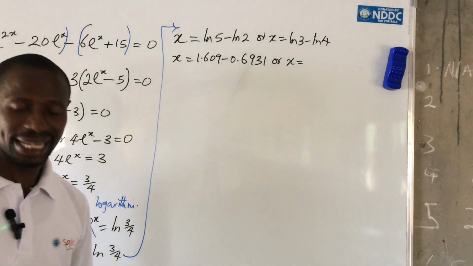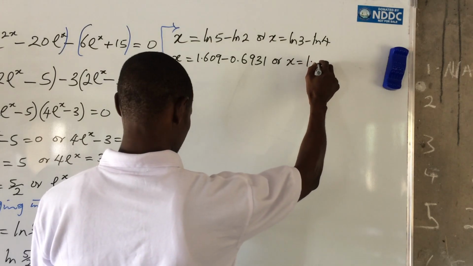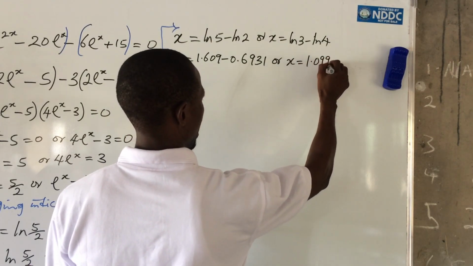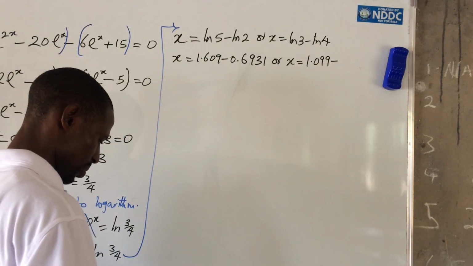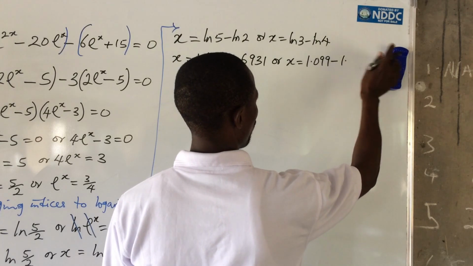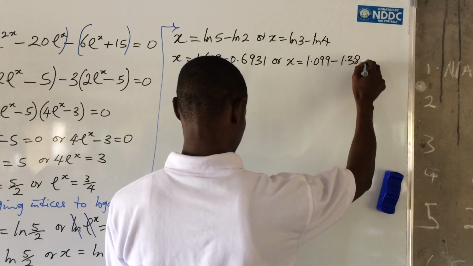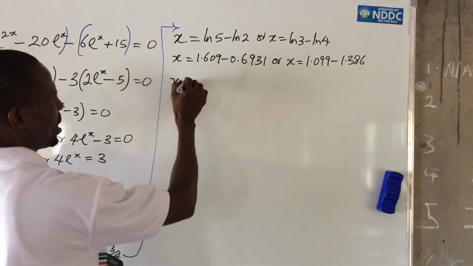So we have ln 3 equal to 1.099 approximately, minus ln 4, which is 1.386. All right, so let's proceed.